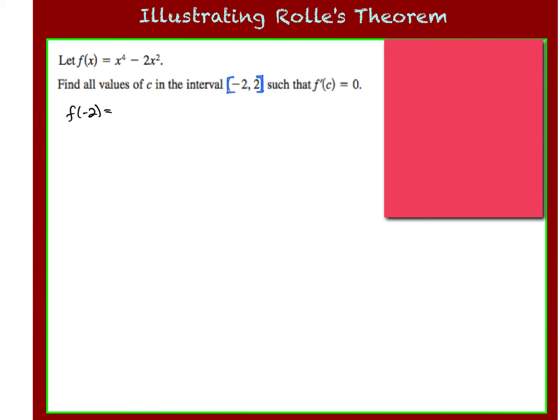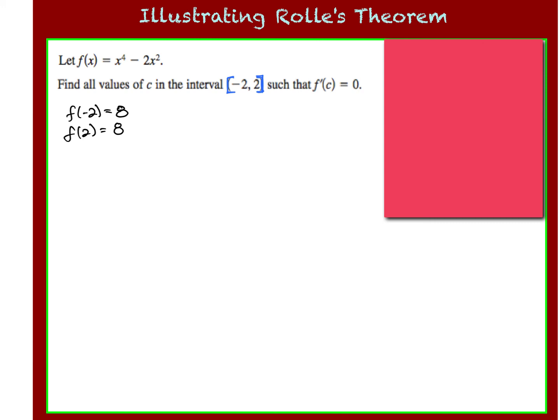What is negative 2 quantity to the 4th? 16. And then 2 squared is 4. 4 times 2 is 8. 16 minus 8 is 8. So what is f of 2? 8. All right. Now, I know this isn't happening today.